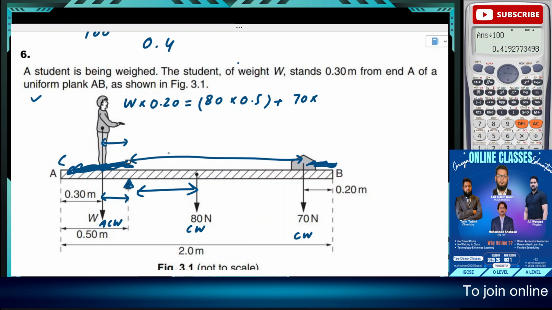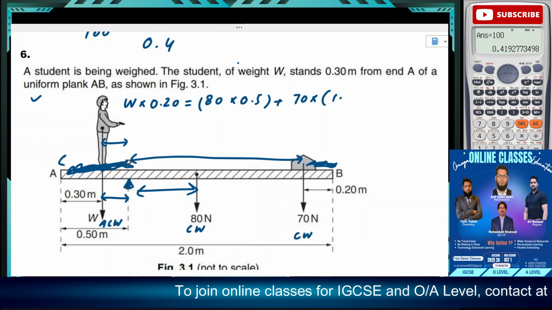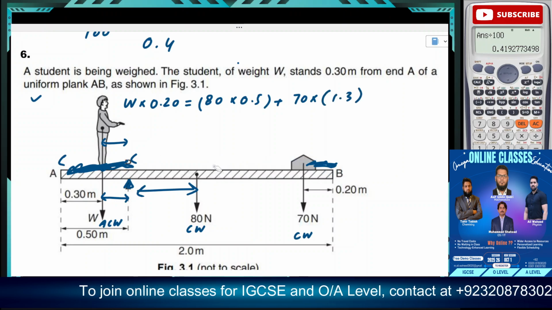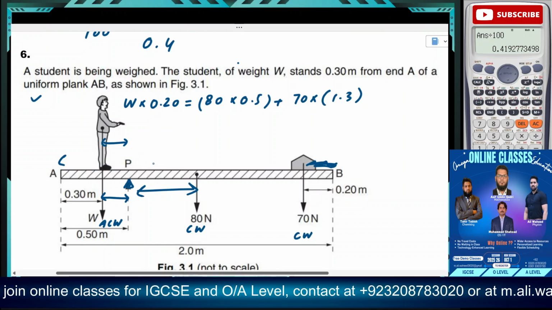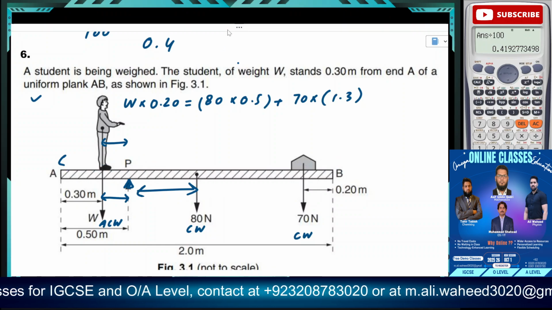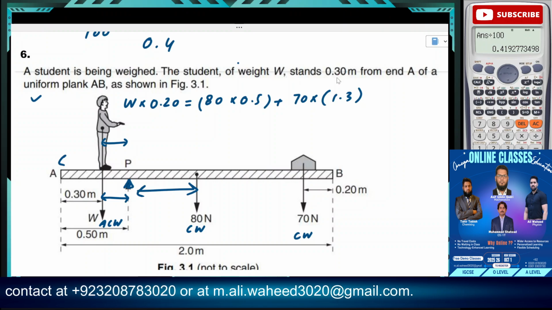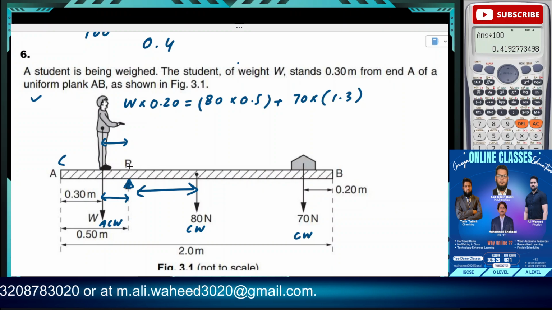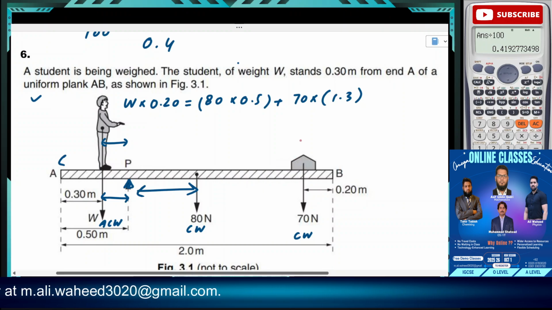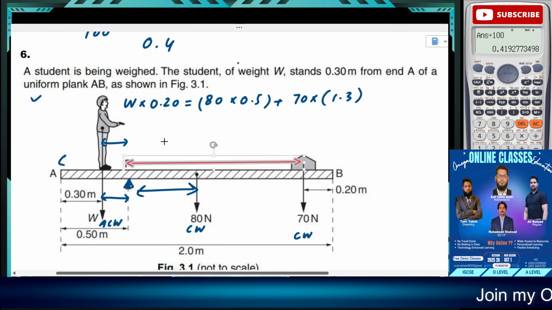So 2 minus 0.5 would be 1.5, minus 0.2 would be 1.3. This is how you can find the distance of the 70 Newton force from the pivot. Once again, what distance is this? From here all the way to here.